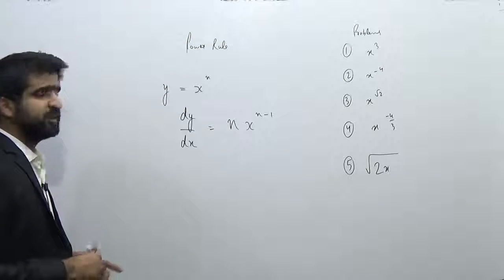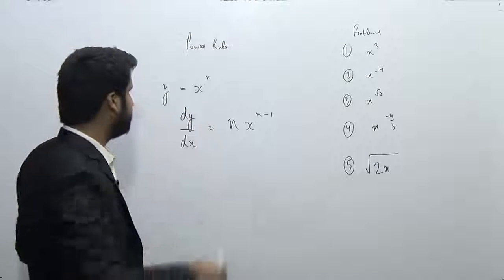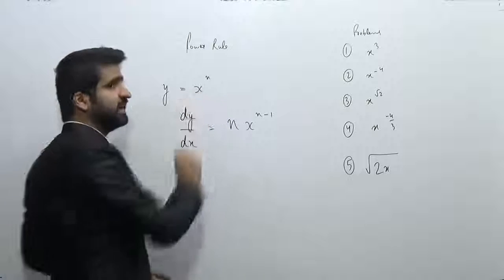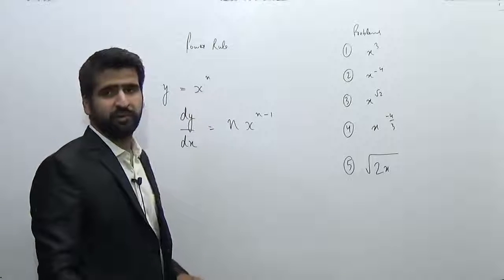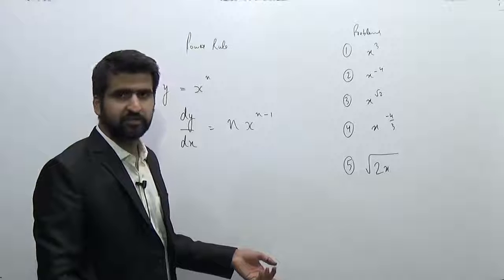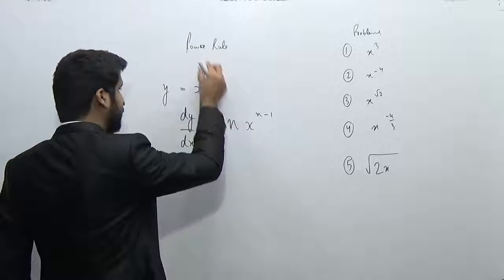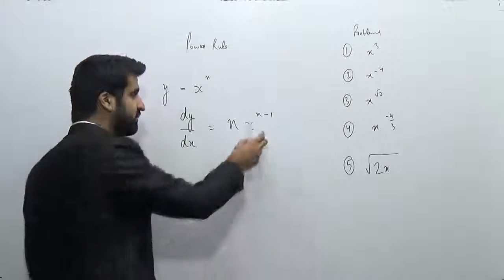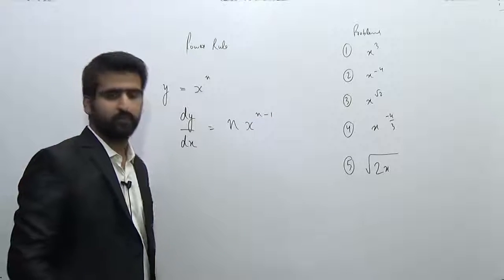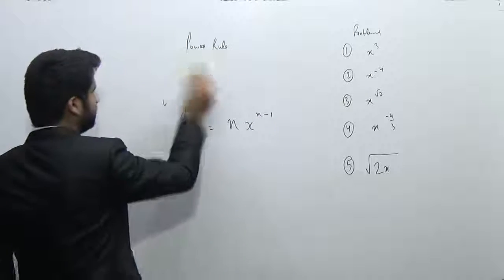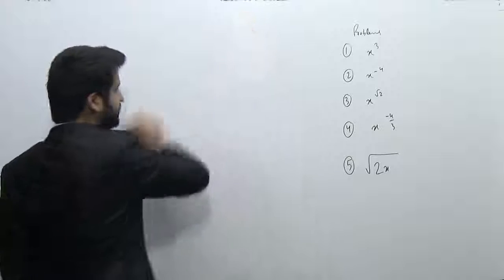So the formula must be pretty much stuck in your head, that whenever you have x to the power n, any real power of n, any positive, negative or fractional power of n, then this power will come in the front and we will subtract 1 from this power, right? So let's try to apply this power rule to all these questions.